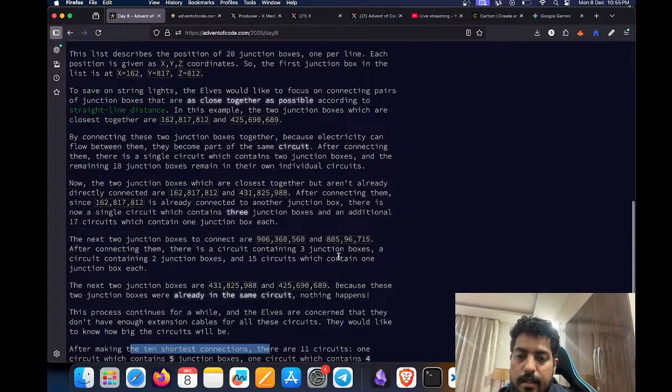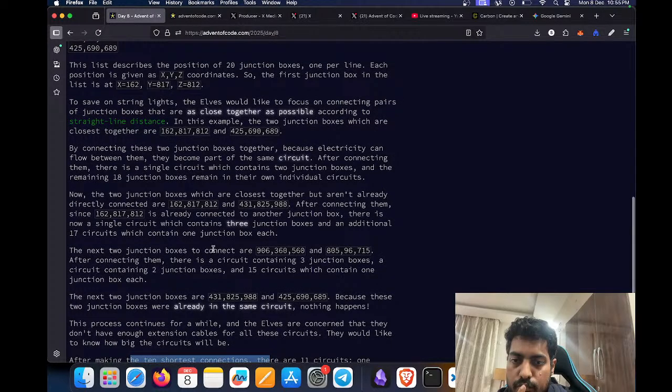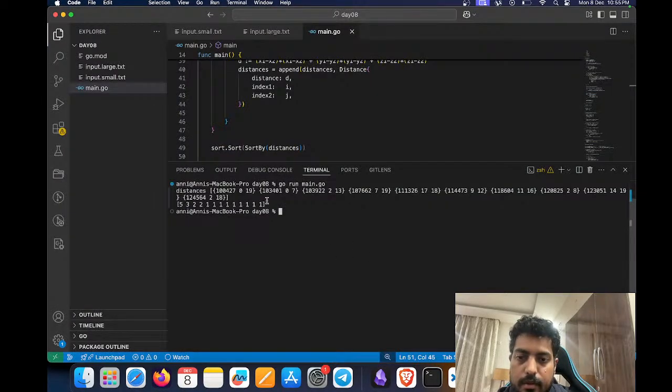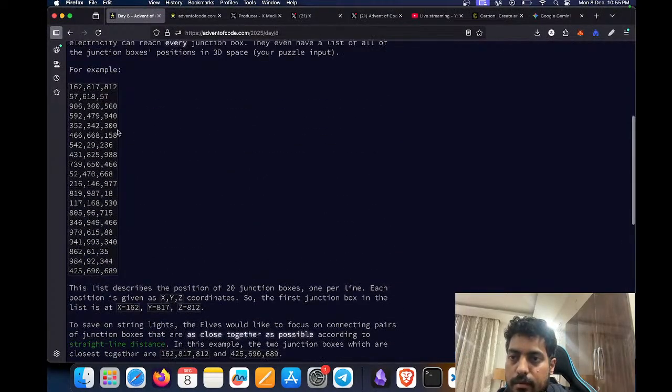906 and 805. The next two junction boxes are 906 and 805. There is a circuit connecting three junction boxes, and a circuit with two junction boxes. So 906 and 805. So 2 and 13, 906, 2.